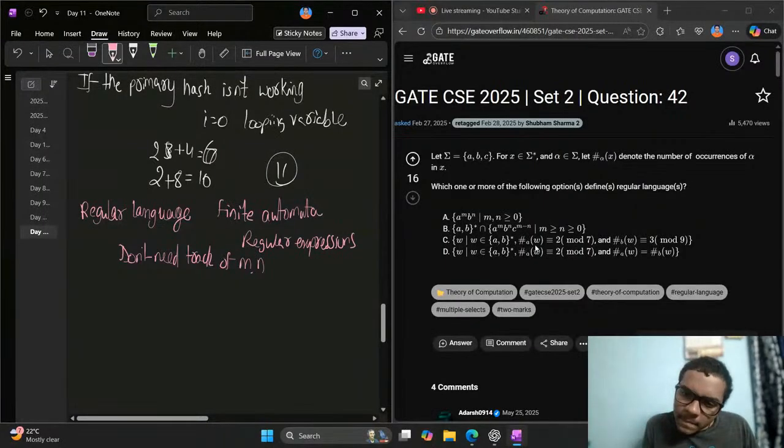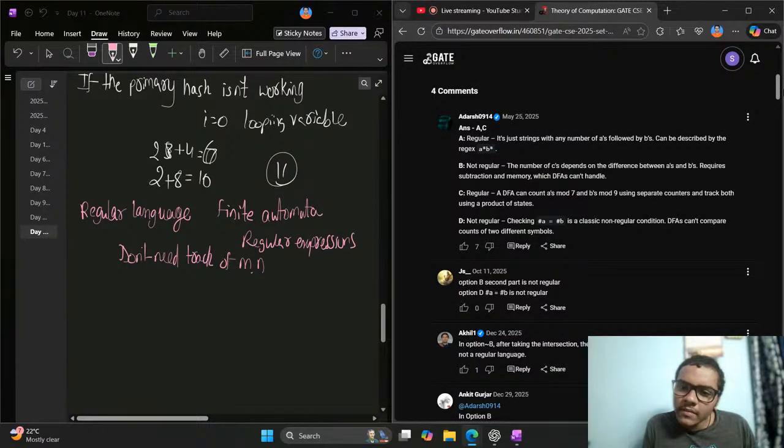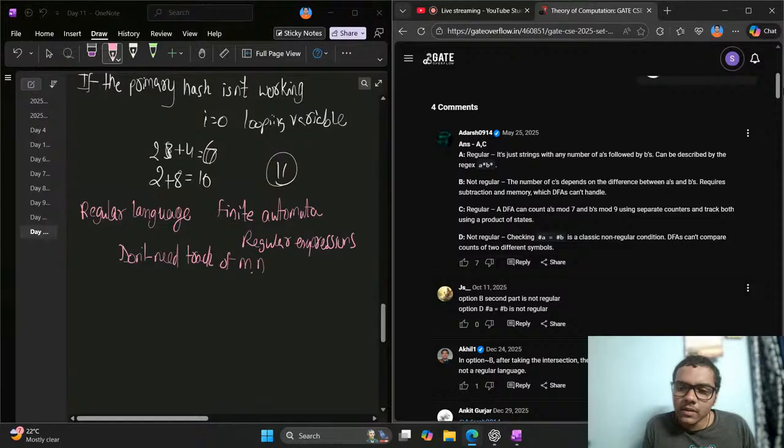Yeah. So a DFA can count A's mod 7 and B's mod 9 using separate counters and track them using a product of states. Classic non-regular condition.